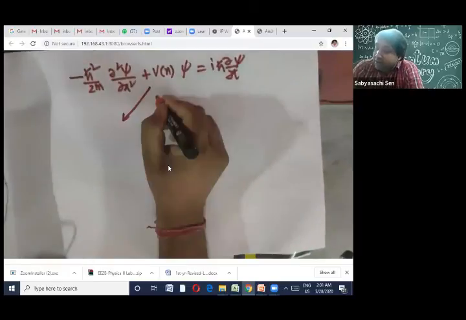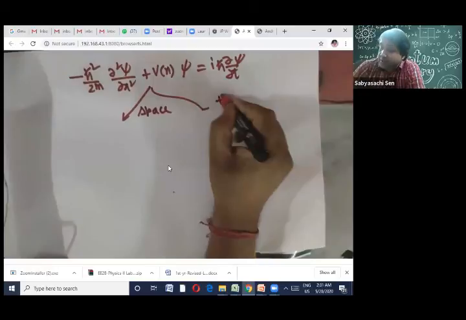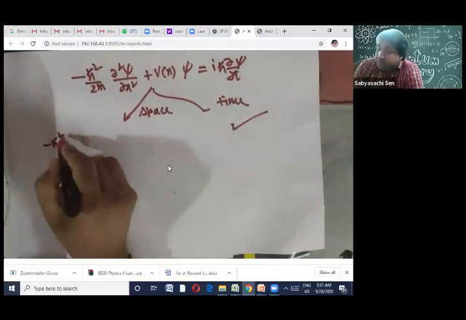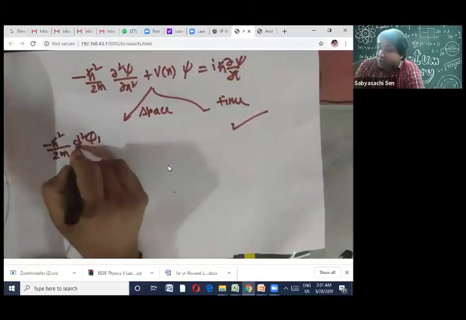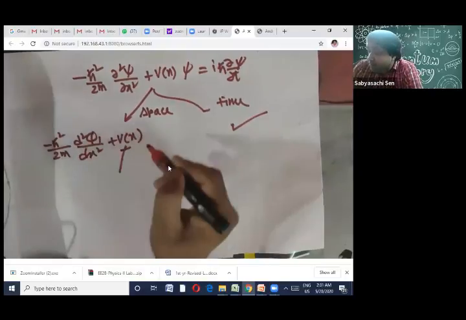Now I have to get the space part and the time part separated. Time part solution is done, and the space part is this much. This is the space part. I have just shown you, and I am telling you that these will vary from problem to problem.